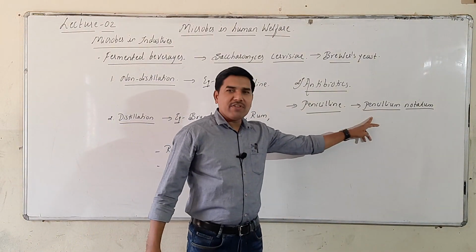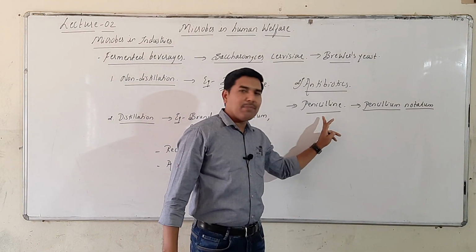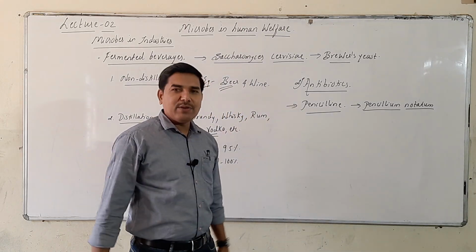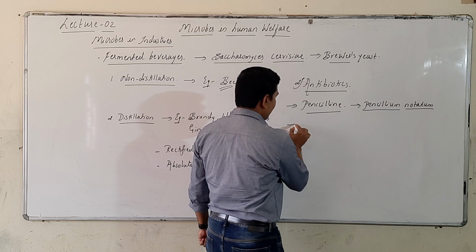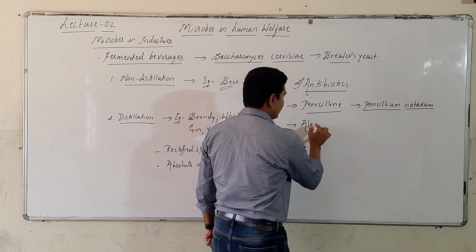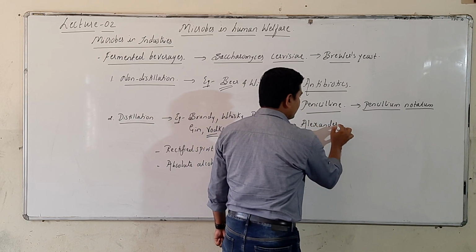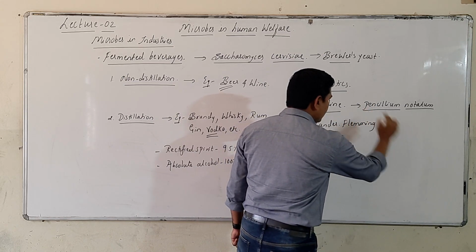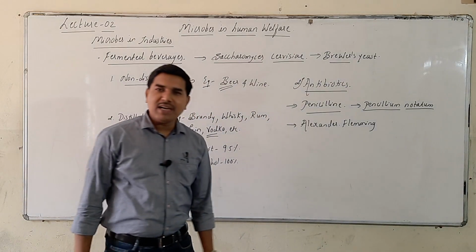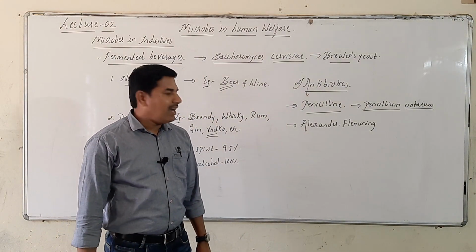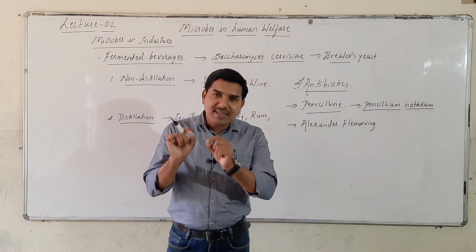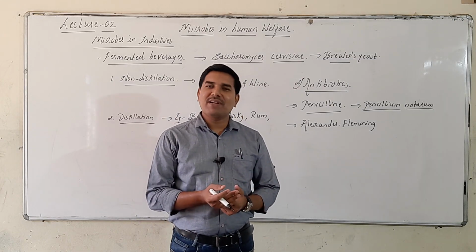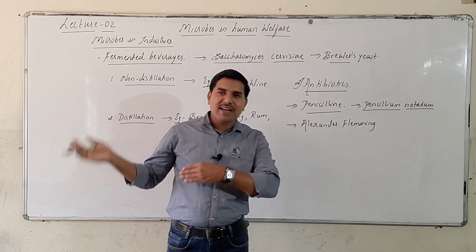This is the name of the fungus from which the first antibiotic penicillin was produced, and it was discovered by Alexander Fleming. Alexander Fleming accidentally discovered penicillin. He did not purposely discover it. He was doing another experiment.